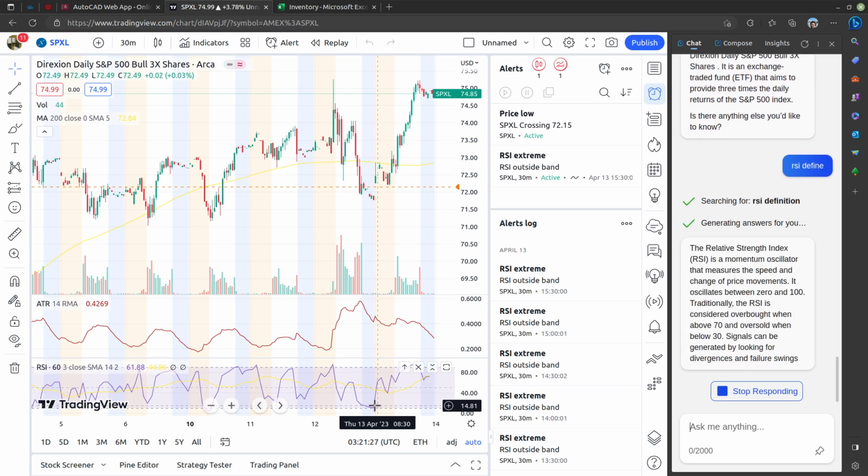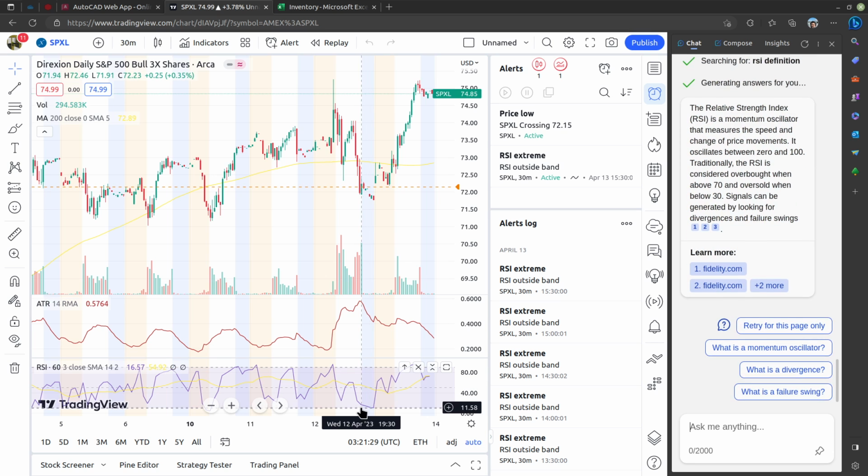I'm not going to explain that. See, they're using 70 and 30 here. I'm using 90 and 10, and I set it here. This line right here is 90, and this line right here is 10.